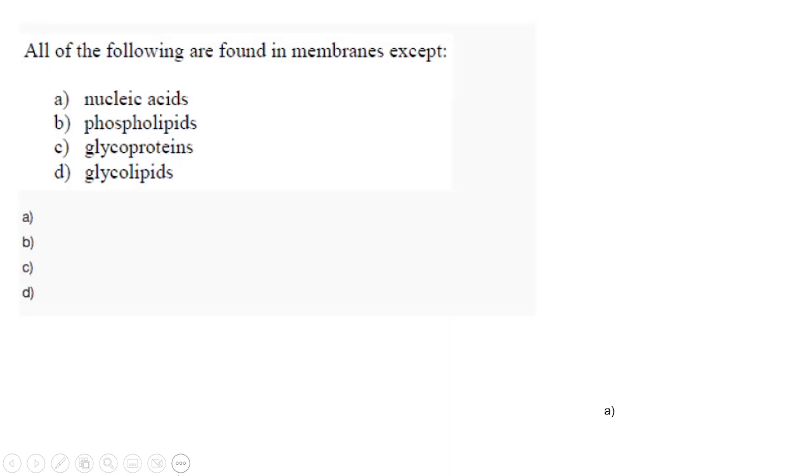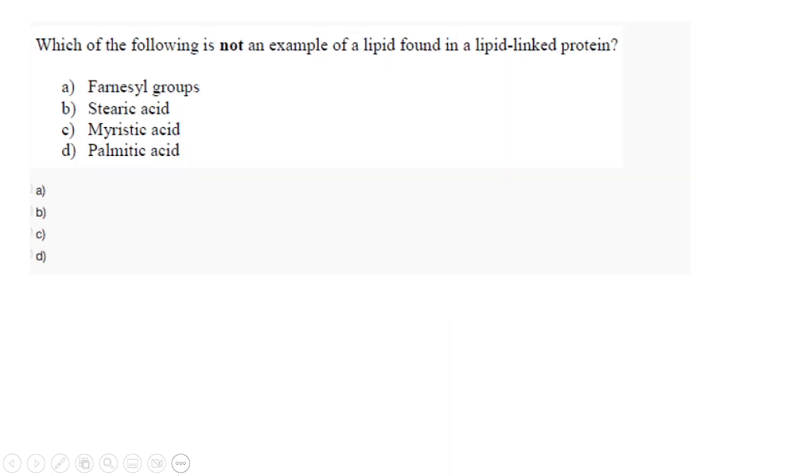Nucleic acid is not found in membrane. Which of the following is not an example of a lipid found in lipid-linked proteins? So these are the lipids, fatty acids. Which fatty acid is not found in lipid-linked proteins?